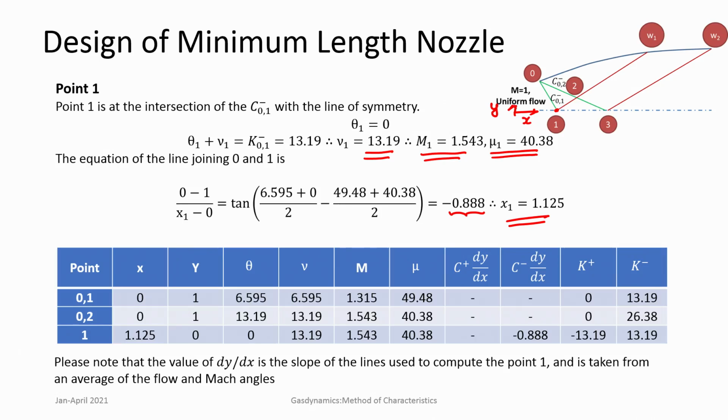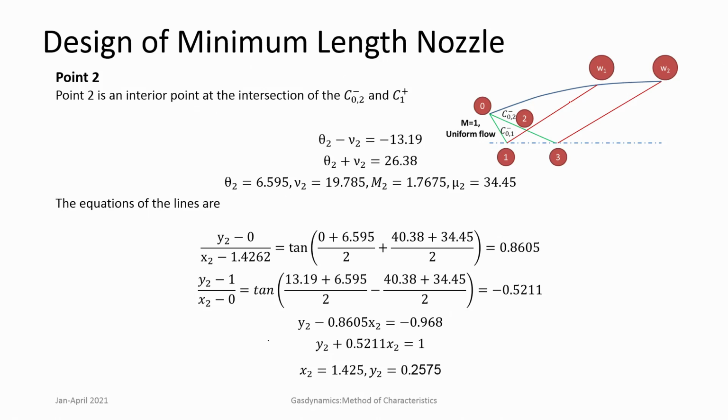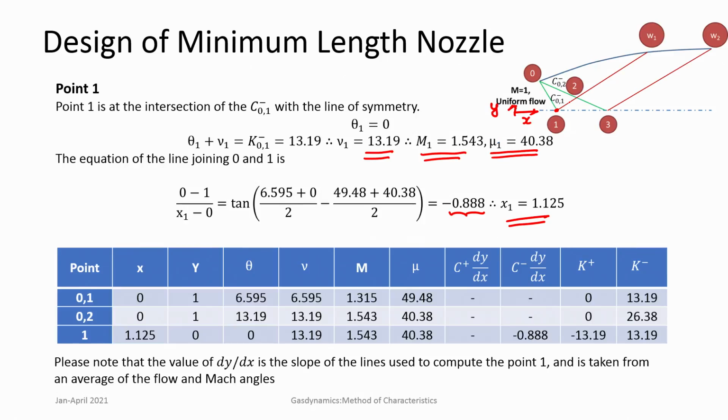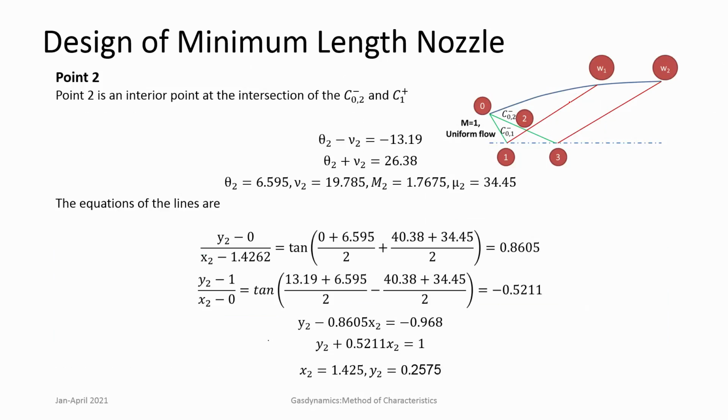Okay. So now we go from point 1 to point 2. Point 2 is an interior point. So this particular problem is also a description of various unit processes that we had discussed. At point 2 we have a C plus characteristic coming from 1 and a C minus characteristic coming from 0.